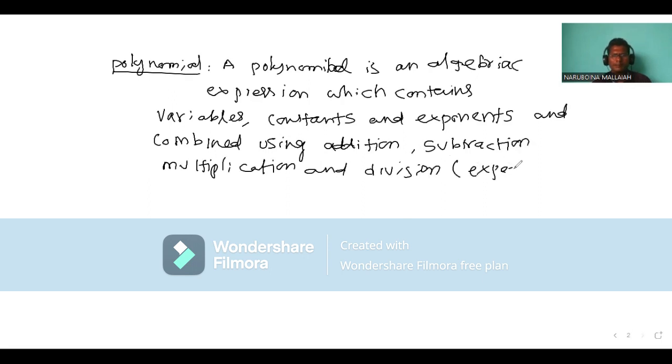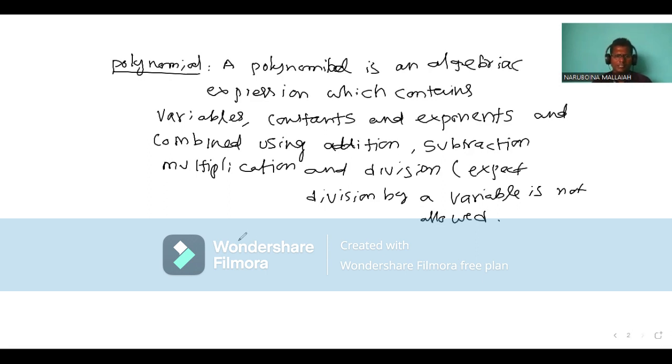Except, here remember this condition, except division by a variable is not allowed. This is the definition of polynomial.